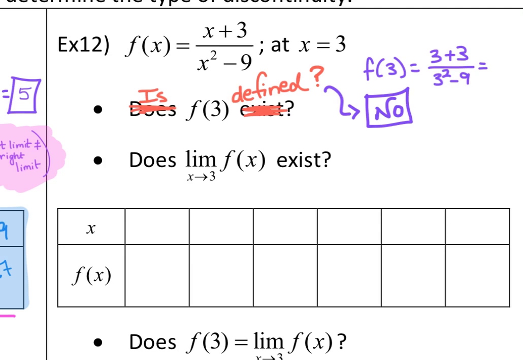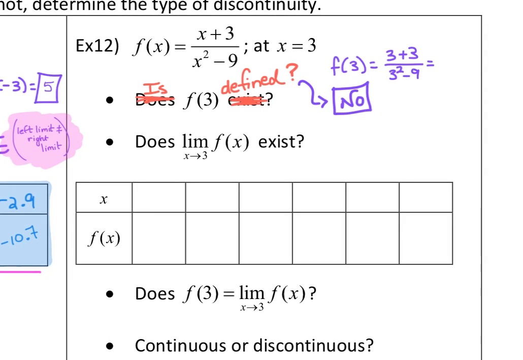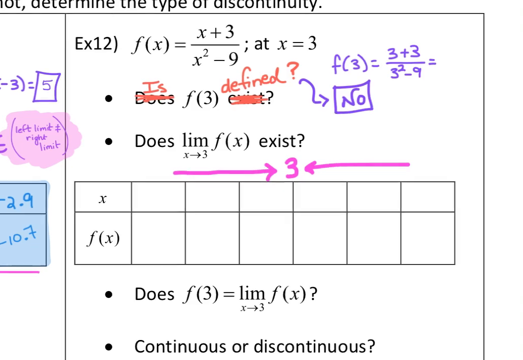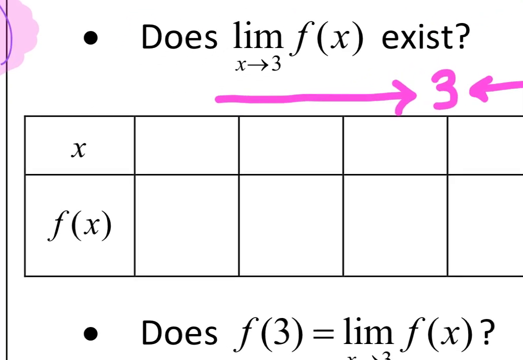So in this next step, you want to ask if the limit exists. And so we are looking at the limit as x approaches 3. And so 3 goes in the middle of my table, and we're going to have the x values approach 3 from the right and from the left. On the left, the x values start at 2.9, 2.99, and 2.999.